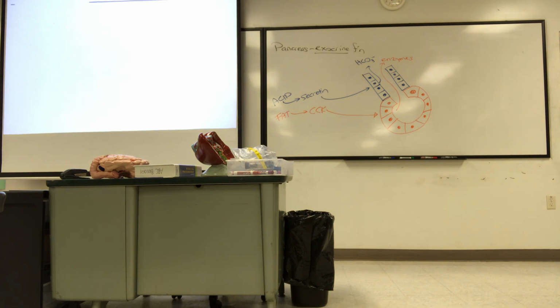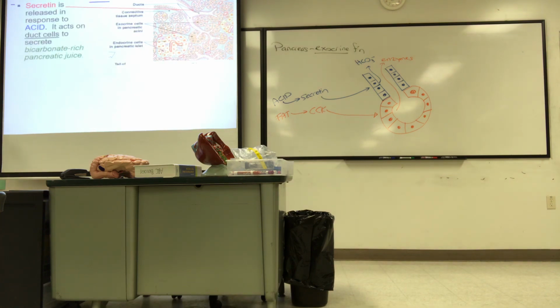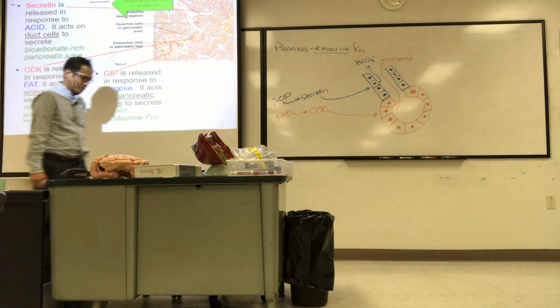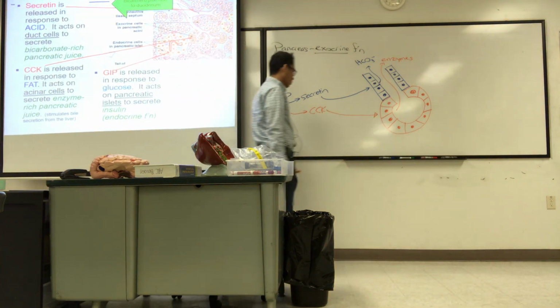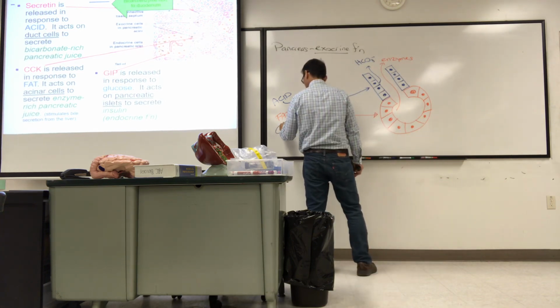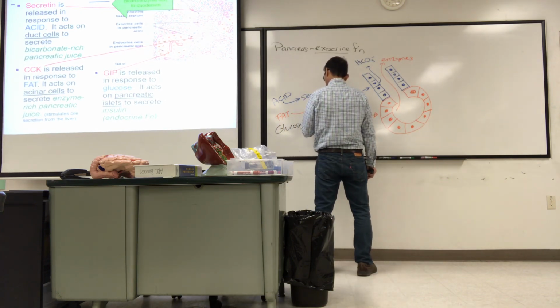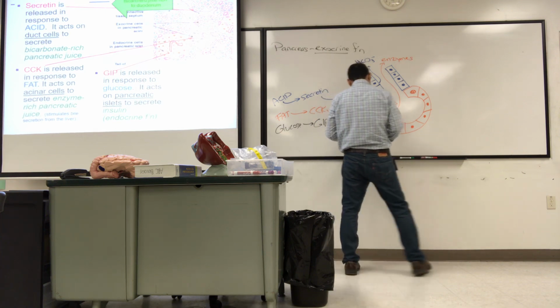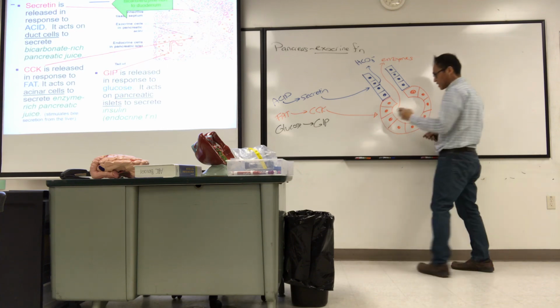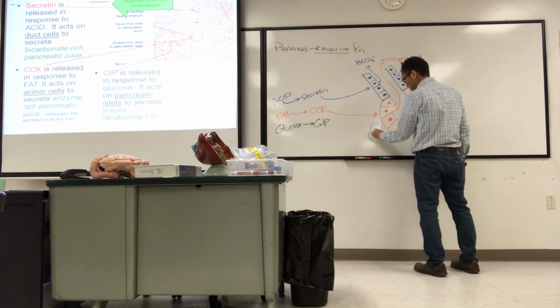A third thing to remember is the endocrine function. Not only do you have the bicarb-rich juice and the enzymatic rich juice, you have GIP. GIP is released in response to glucose in the food chain. Let's remember that there will be, external to the acinar structure, little pancreatic islets with beta cells, right? There's little clusters of cells.